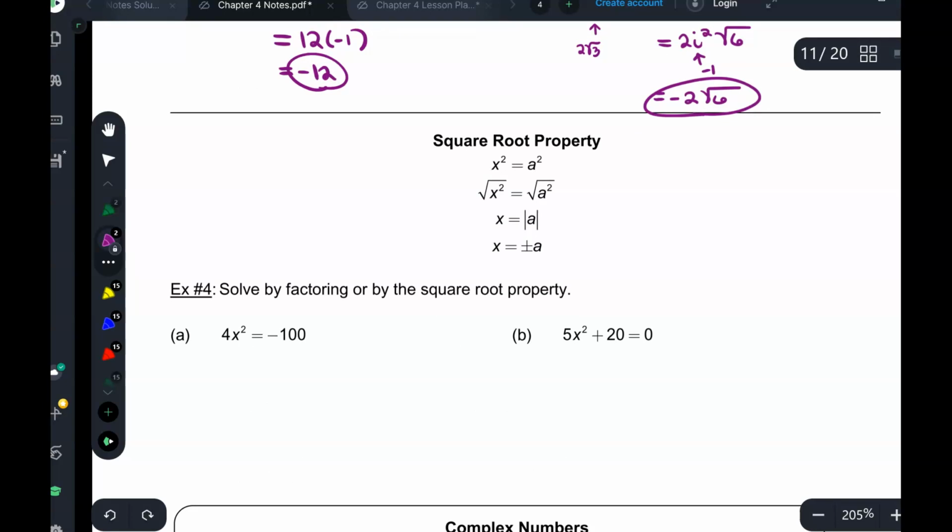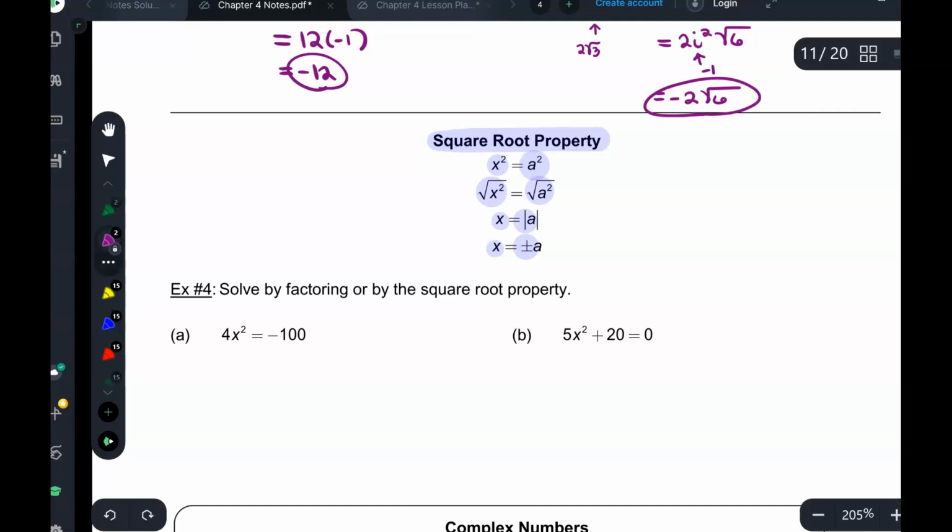Okay, next we want to take a look at the square root property. Prior to this, when we were solving, we were using the factoring method. So today we're going to be doing the square root property. This is when we have x squared equal to something, and we take the square root of both sides. Keep in mind, technically what we get is the absolute value, which means we get a positive and negative value.